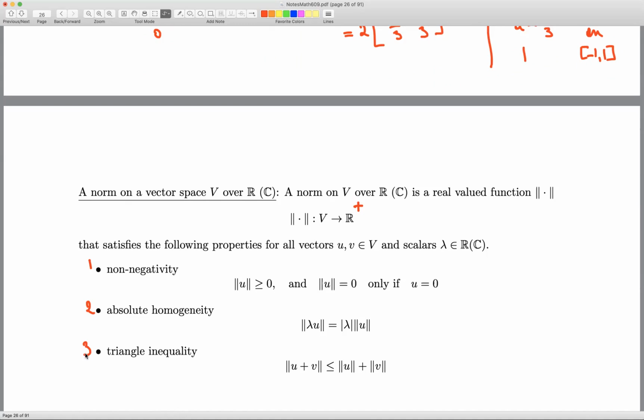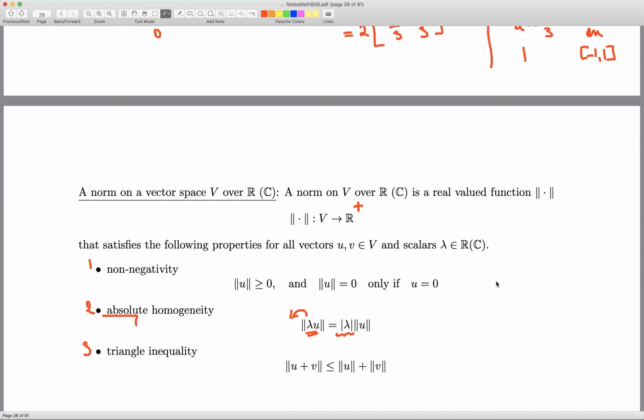The second condition is called absolute homogeneity, and this means that if you look at the norm of a scalar times u, then the scalar can get out, but with an absolute value. That's why it's called absolute homogeneity, times the norm of u. And then the third is the triangle inequality, that the norm of u plus v is less than or equal to the norm of u plus the norm of v.